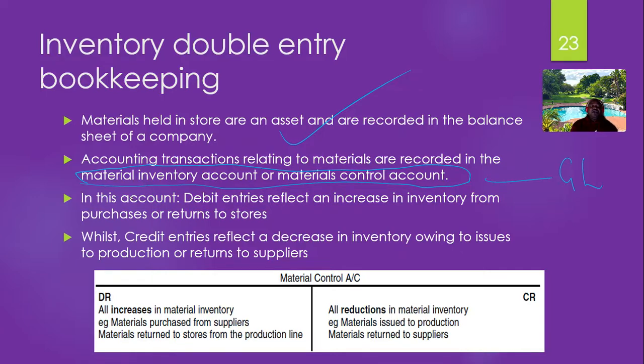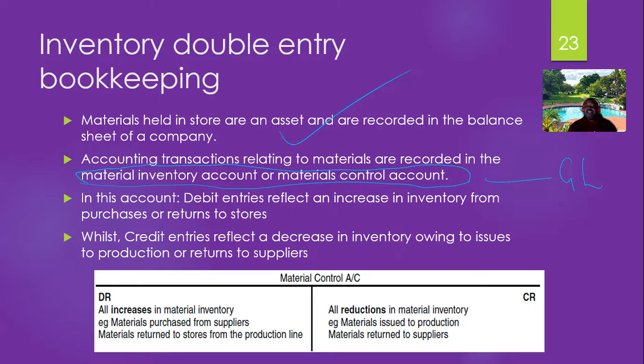Okay, so in this account, debit entries reflect an increase in inventory from purchases or returns to stores. So when we have an item being returned into the stores, then the material account is being debited because those items are increasing.